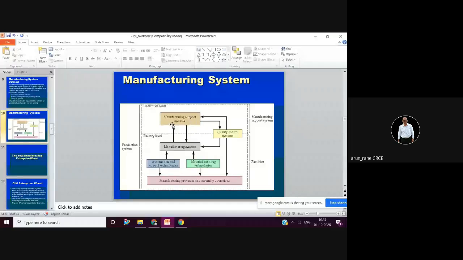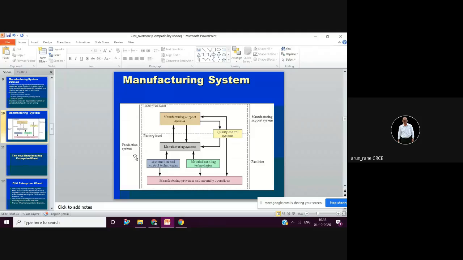You have, at enterprise level and factory level, all these linked: manufacturing processes and assembly operations, material handling technology, automation and control department, quality control, dispatch, and feedback systems. All these are linked and working simultaneously.